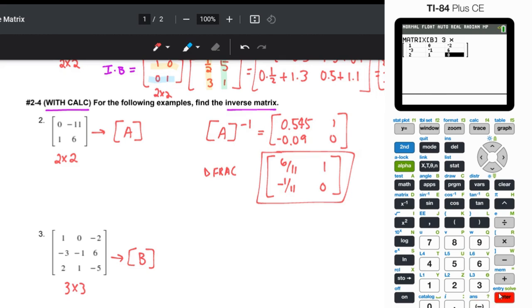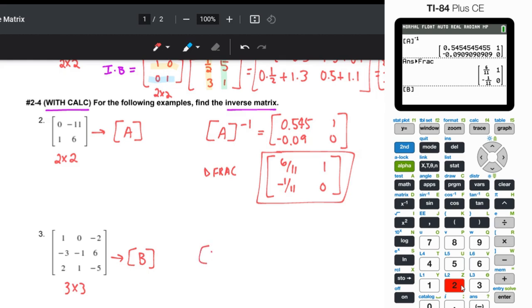And when I'm done, I'm going to make sure that I don't have any typos, because even one element or one positive or negative sign, if it's wrong, then the whole inverse matrix is going to be wrong. Okay, so now that I've checked that, I'm going to quit out of it, and I'm going to go to second matrix. I'm going to choose number 2 this time, which pulls up the name for matrix B. And then I'm going to find the -1 symbol, which represents find the inverse.